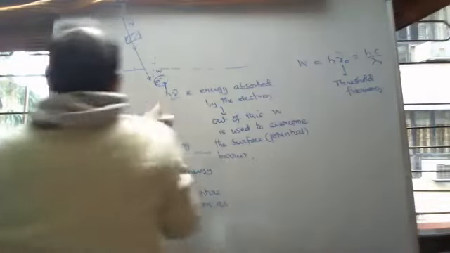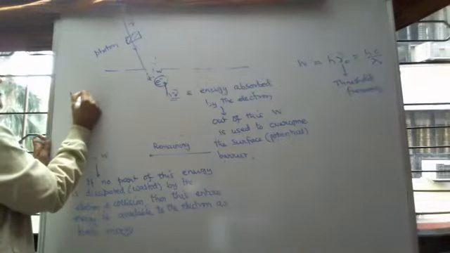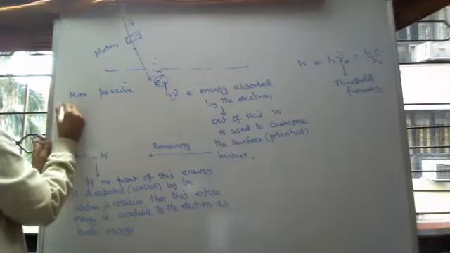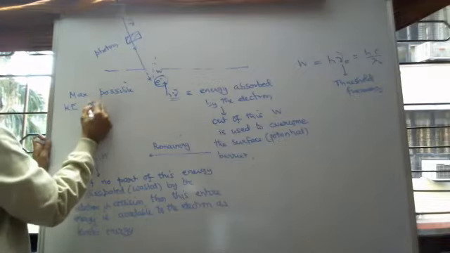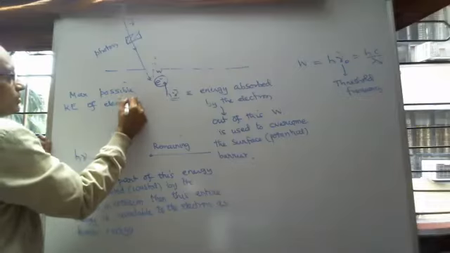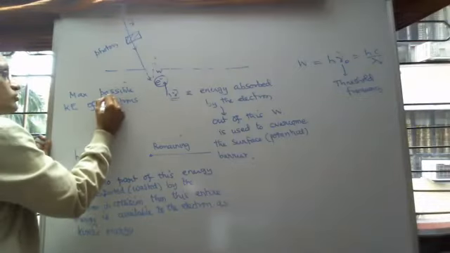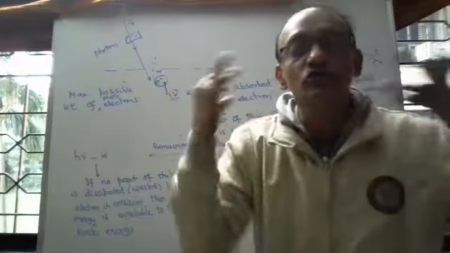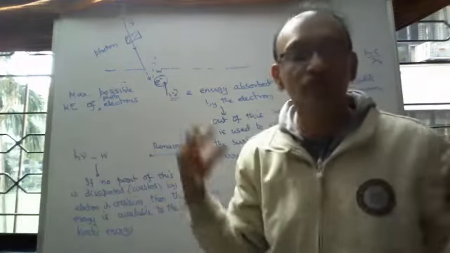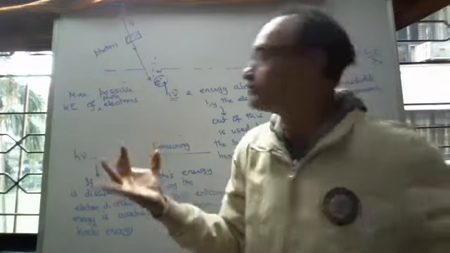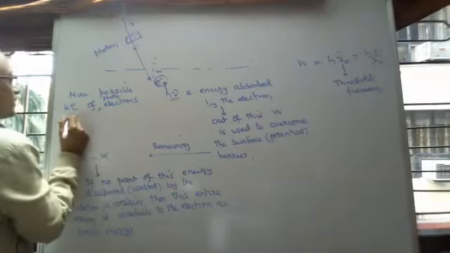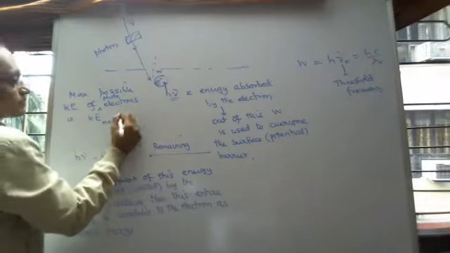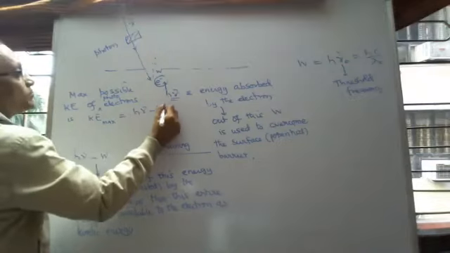So the maximum possible kinetic energy of electrons, or photoelectrons, these are the electrons that have been liberated, is Ke max equals H nu minus W.